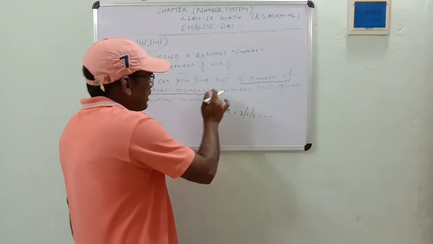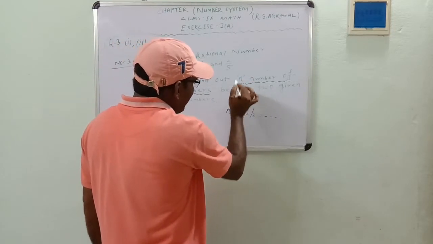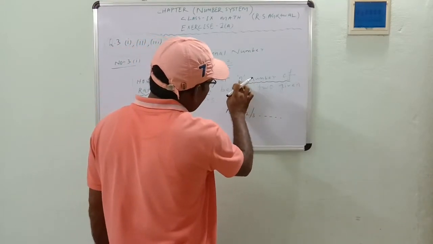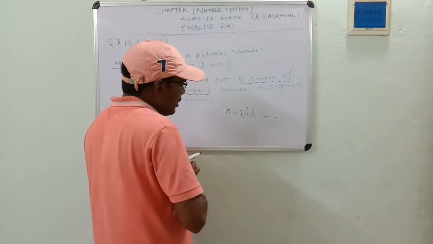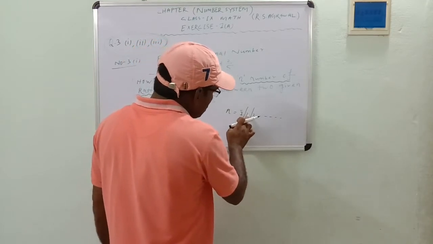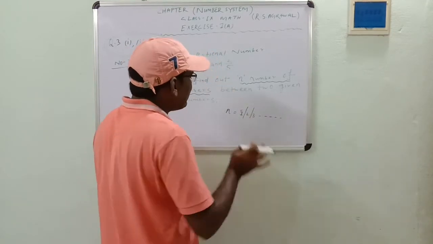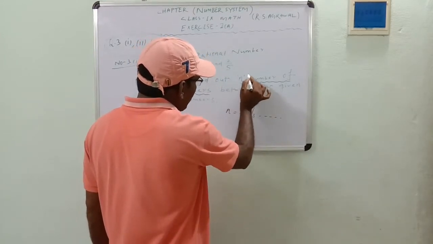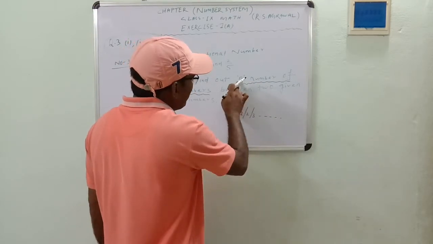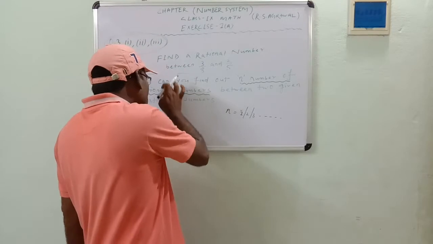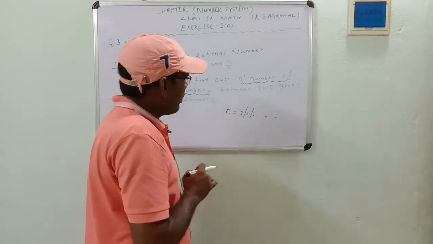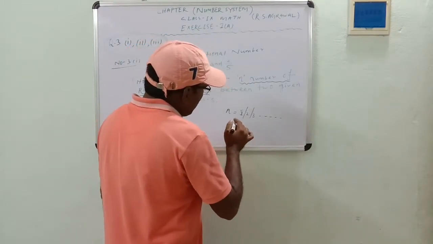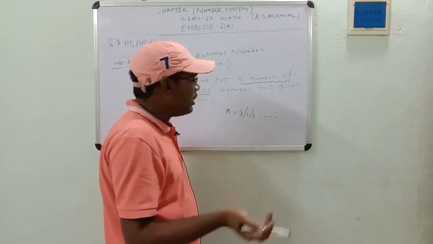If n indicates 1, then you will mean that you have to find out only one rational number. If n indicates 2, then you mean that you have to find out two rational numbers. Similarly, you can find out three rational numbers. It means this rule or this procedure is applicable for any value of n.